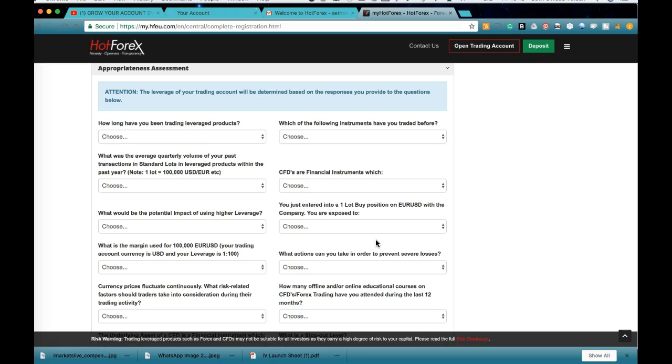Now, there's a certain way we answer these questions in order to obtain a high leverage account, and the reason you might want a high leverage account is so that it allows you to build up and control larger sums of money per trade. However, you also risk growing your account a lot quicker depending on the lot sizes you use per trade. But what we're looking for is a 1 to 500 leverage for our trading account.